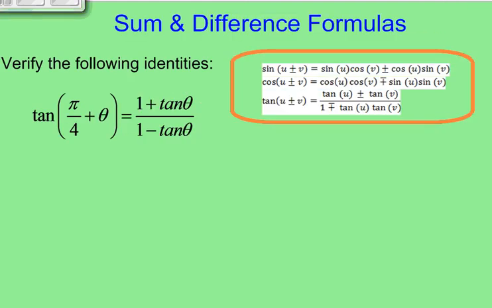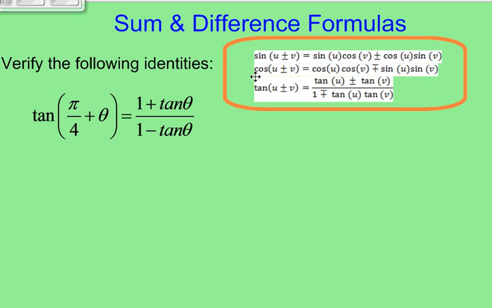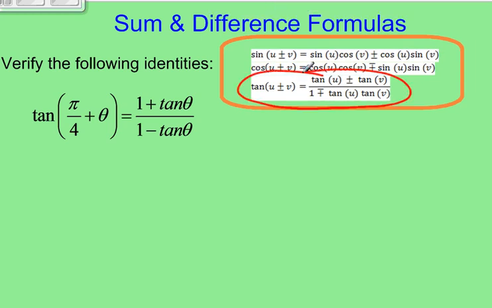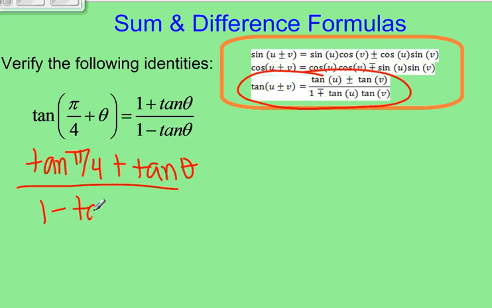Okay, and here is the verifying part of the notes. So you just got to plug things in until you get what's on the other side, essentially. So I've got tangent of pi over 4 plus theta. So I'm following this one at the bottom. So I've got tan of pi over 4 plus tan of theta over 1 minus tan of pi over 4 tan theta.